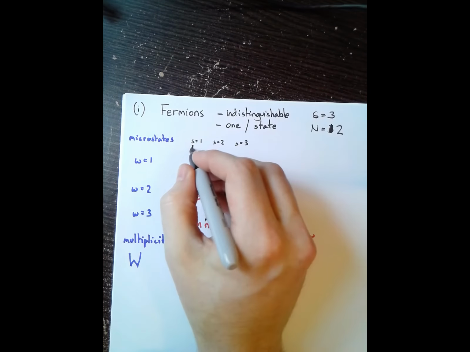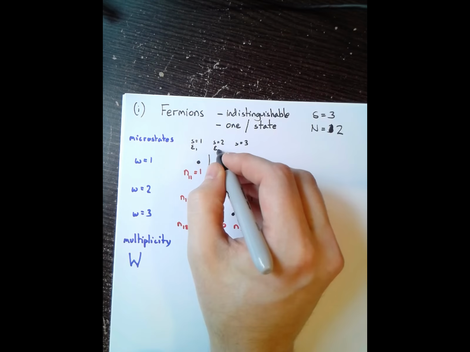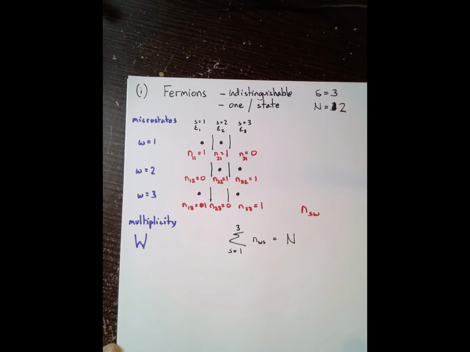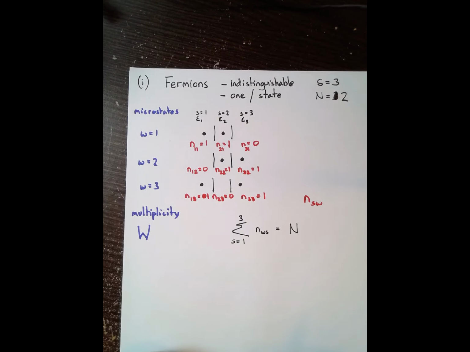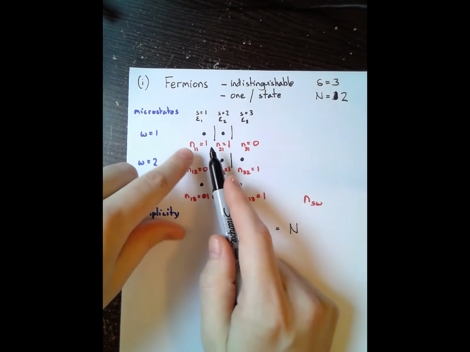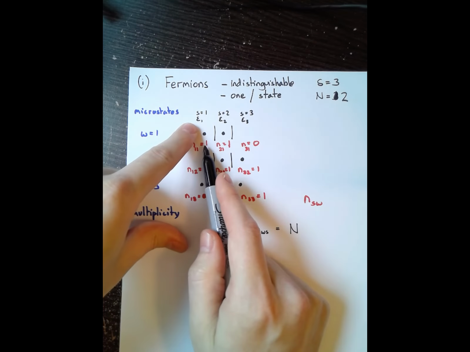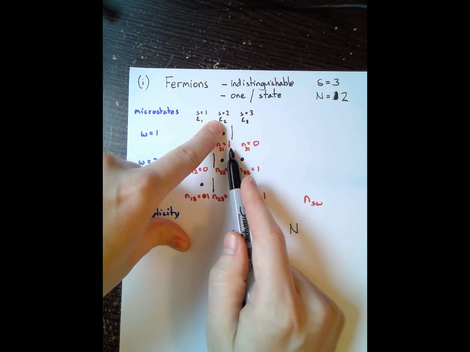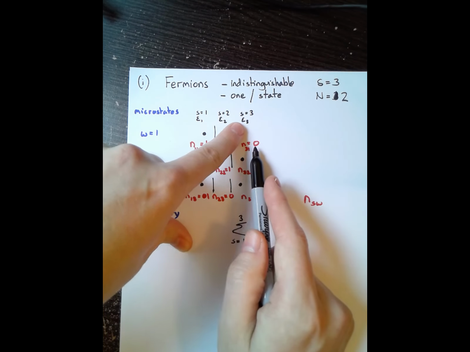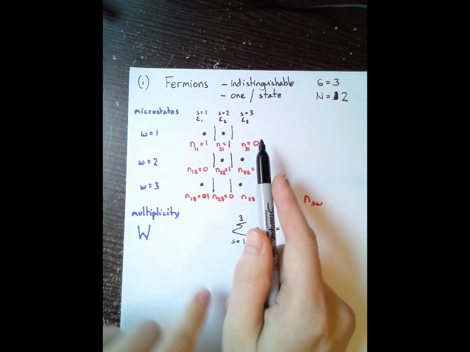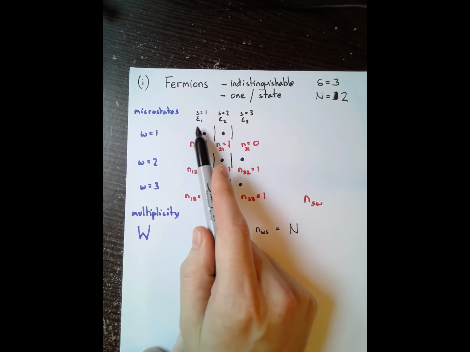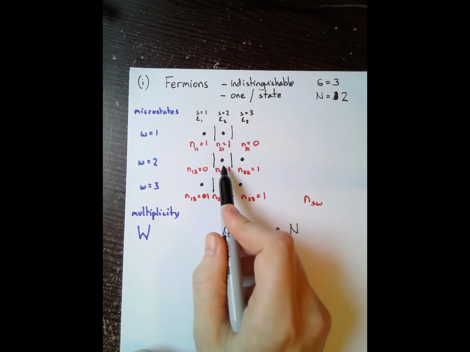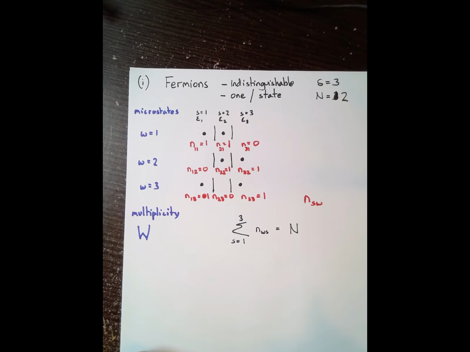Now remember that the energies of each state, epsilon 1, epsilon 2, and epsilon 3, are written like that. The total energy of the state, how do I get that? Well, if I have one particle in state 1, that has an energy of epsilon 1. One particle in state 2, that has an energy of epsilon 2, but there's no particles in state 3, so there's no epsilon 3 contribution. So the total energy is just epsilon 1 plus epsilon 2. Over here, it will be epsilon 2 plus epsilon 3.